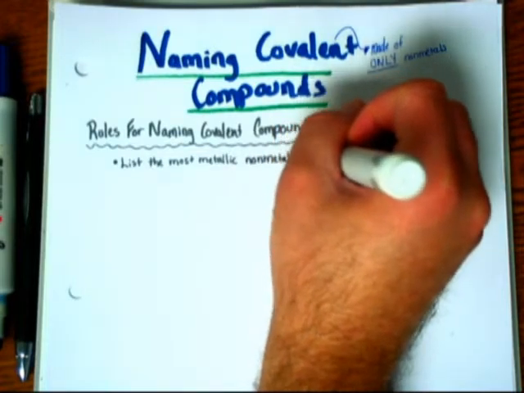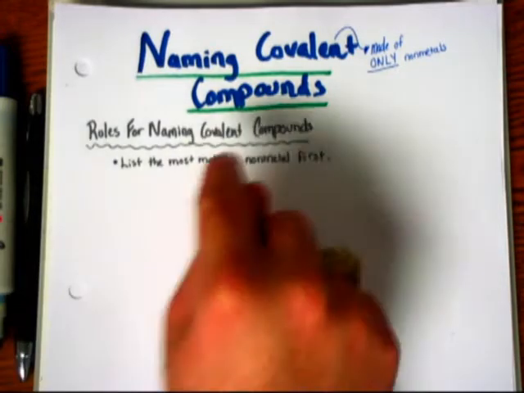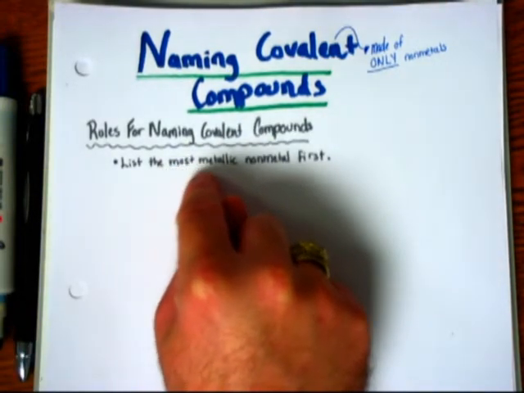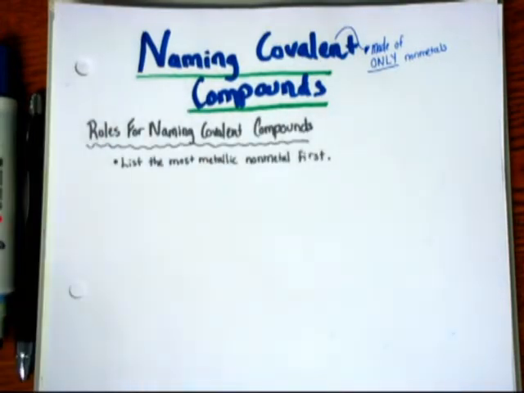Now it seems kind of ambiguous, but this simply means the first nonmetal listed should be the one furthest to the left. So you list the nonmetal that is furthest to the left first.